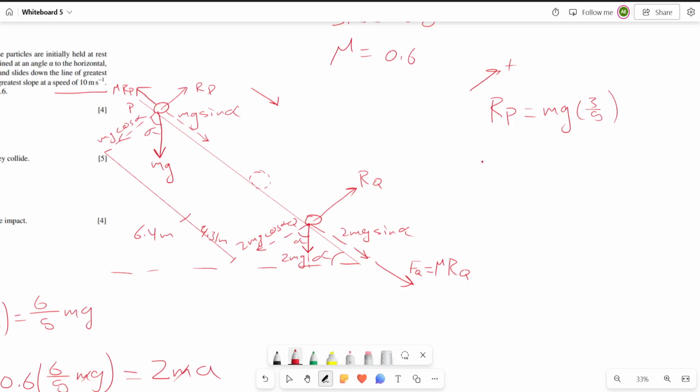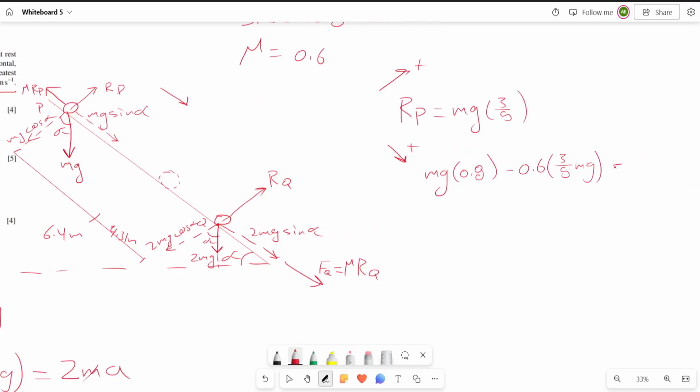Let's resolve in the other direction, taking this direction as positive. I will have mg sine alpha, which is 0.8, minus mu RP, where mu is 0.6 and RP is 3 over 5 mg. This should equal m times the acceleration.